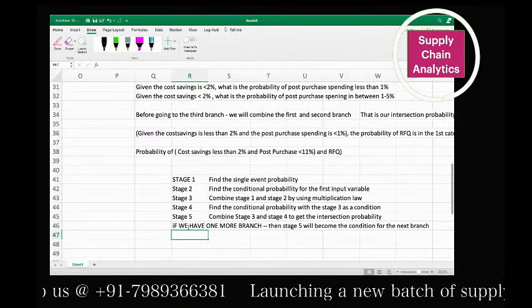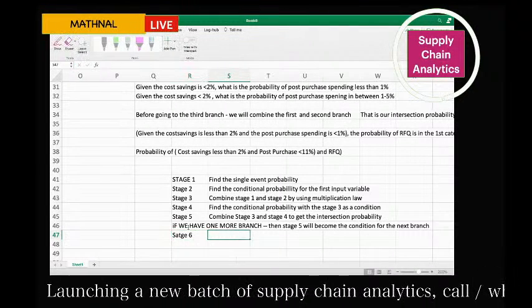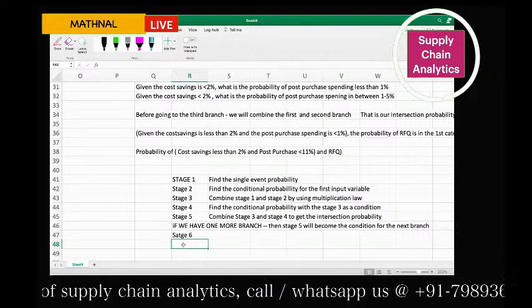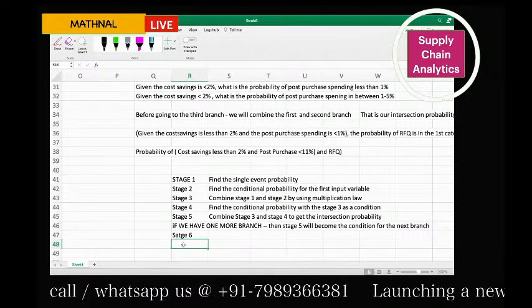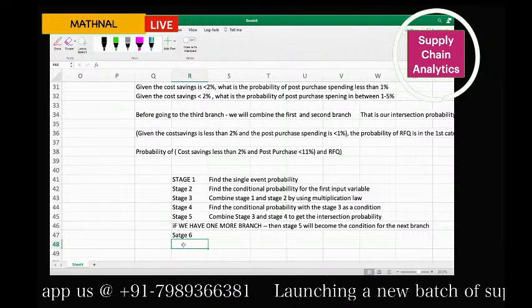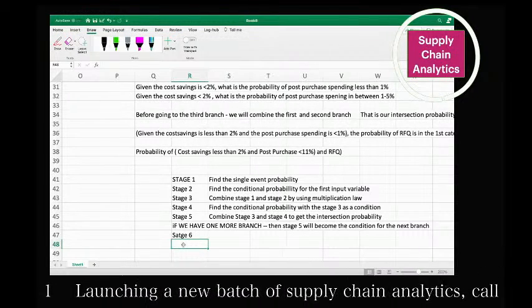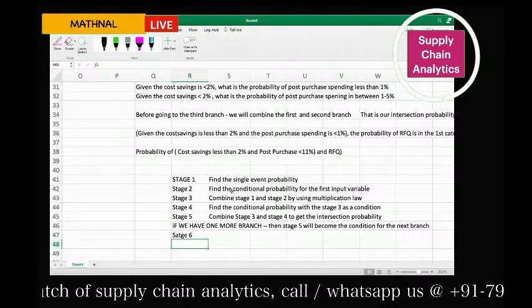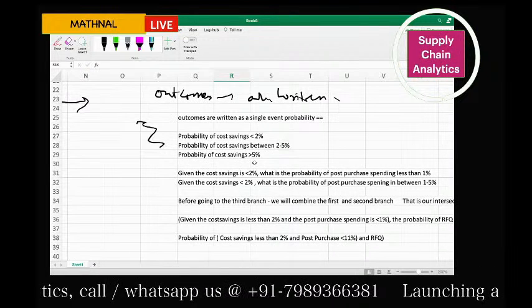And finally, at stage 6 we'll find it like this, and then at stage 7 again we'll combine. Single event, conditional probability, then combine. Then the combination becomes the condition for the next stage. Then again find the conditional probability, then again combine. So this is how this works. Now let's see how to work this in a pivot table.